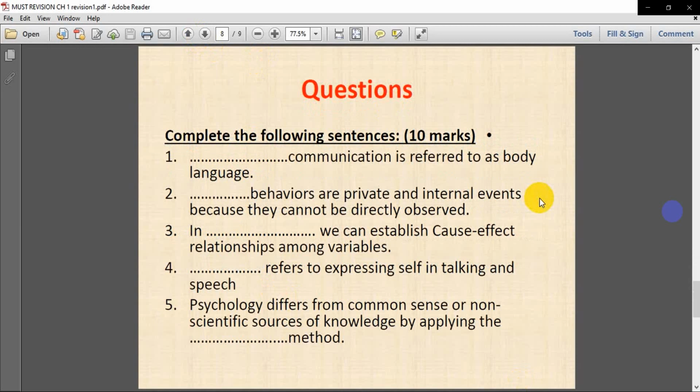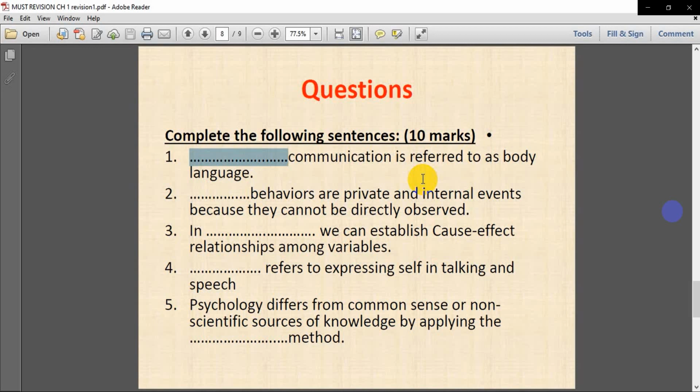Now complete the following sentence. We have an empty space and you have to fill this space. Non-verbal communication is referred to as body language. The correct answer is non-verbal communication.